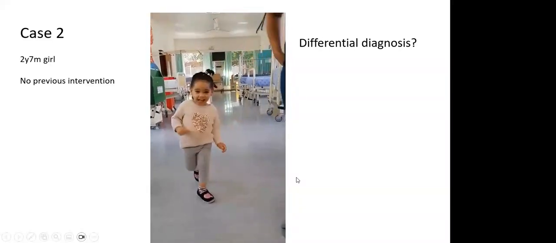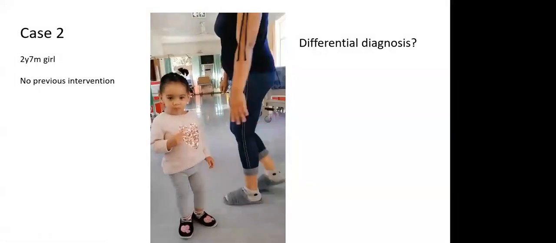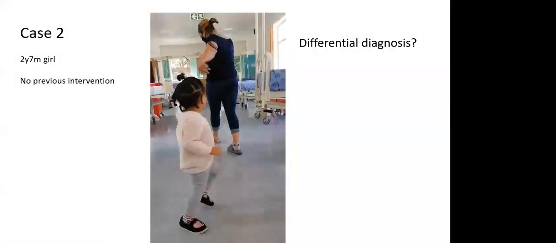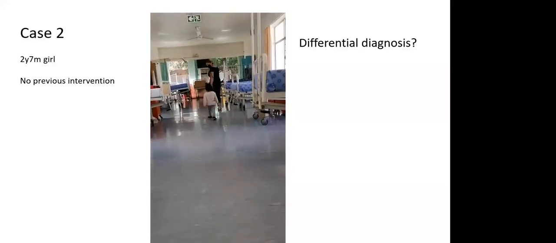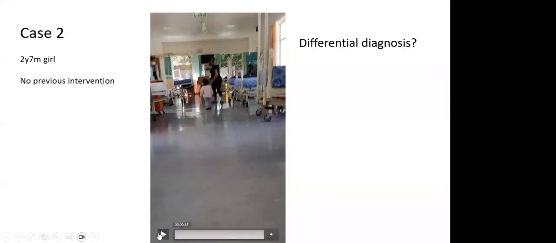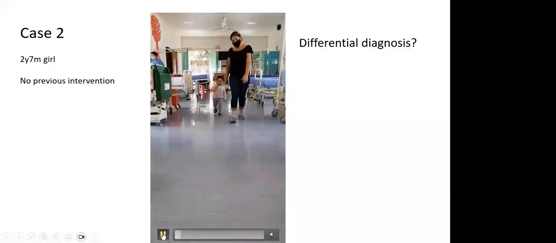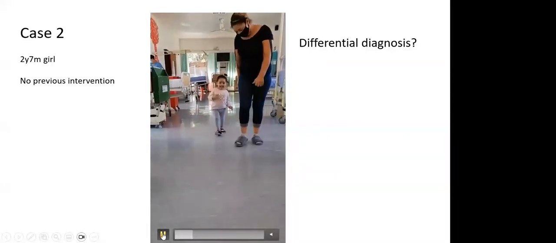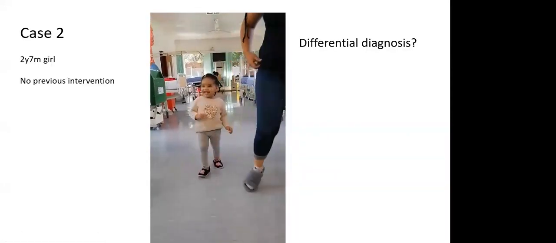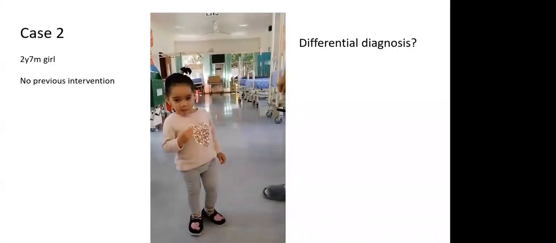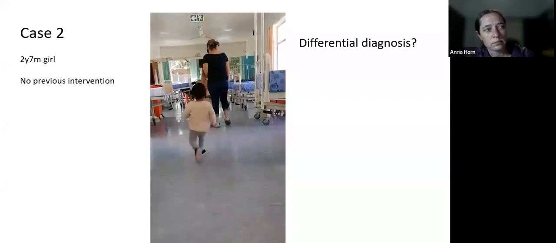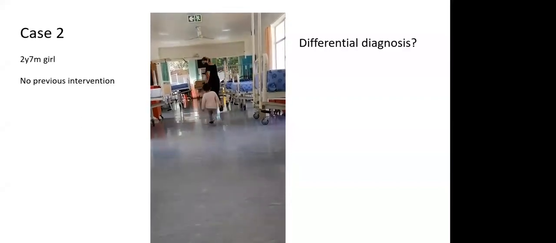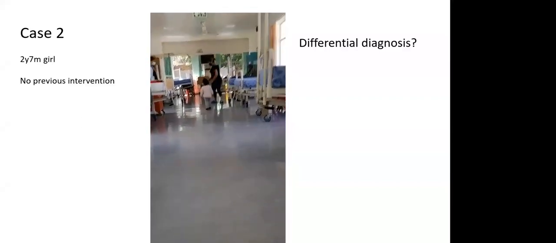As she's standing on her right leg, the pelvis is just... have a look. Where's the left leg? Which side is the Trendelenburg gait? So her Trendelenburg gait is on the left. Yeah, on the left side.